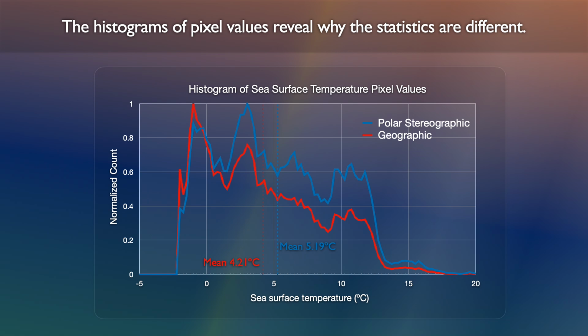So that lowers the mean pixel value compared to either the polar stereographic mean pixel value or the true mean sea surface temperature value. So let me show you next how I computed the actual mean sea surface temperature regardless of the map projection.